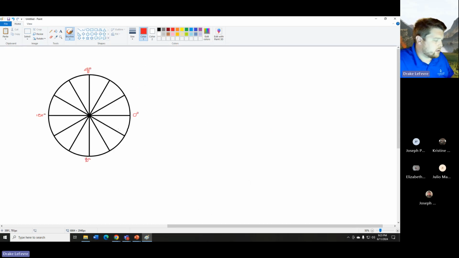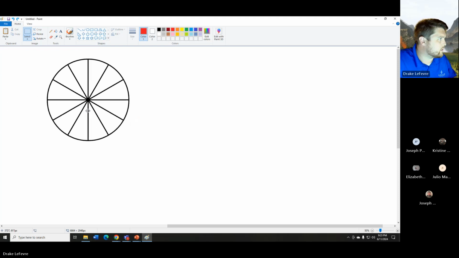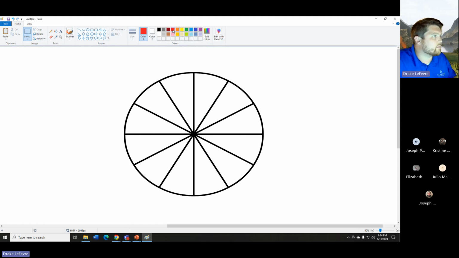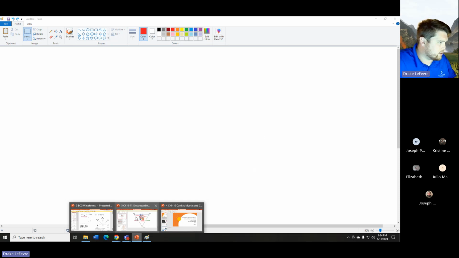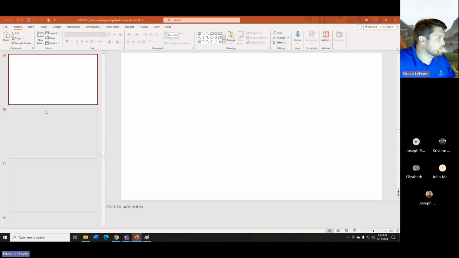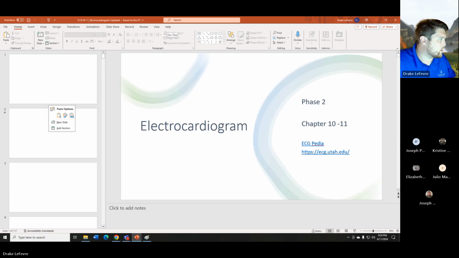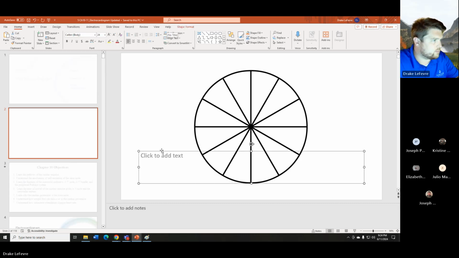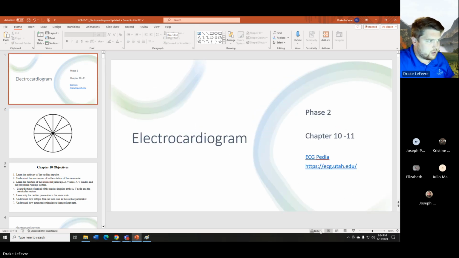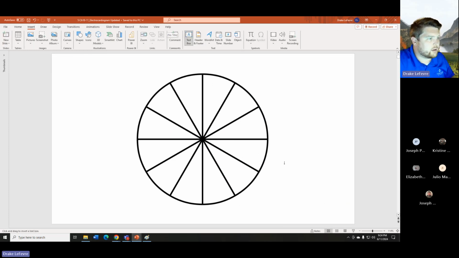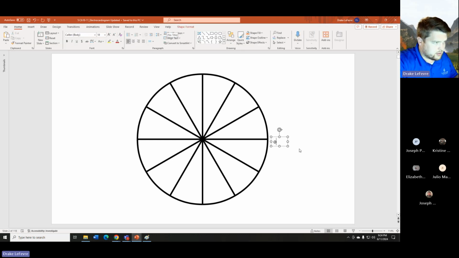So we have this circle. This is 0 degrees.